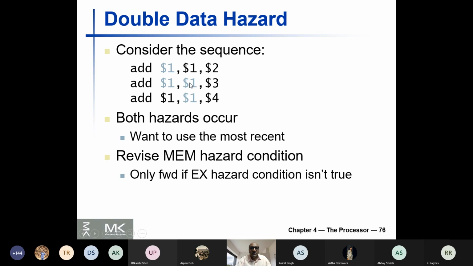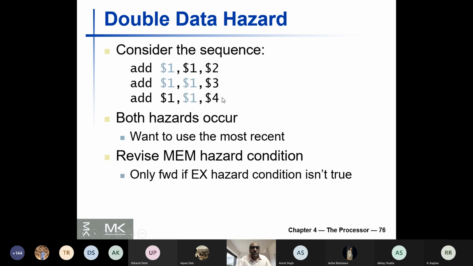Both of the earlier instructions have not yet written their data into the destination; both are in intermediate stages and contain intermediate values.